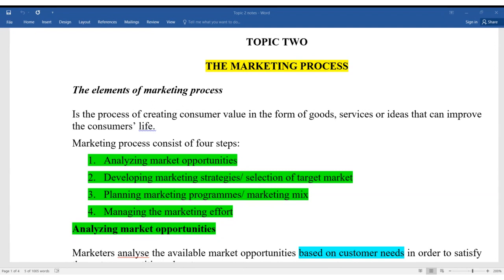Identify, anticipate, and satisfy customers' need. So the identification bit of it is related to the opportunities or the needs, customers' needs. So those are the kind of things that need to be identified. So we analyze opportunities based on the needs of the customers.